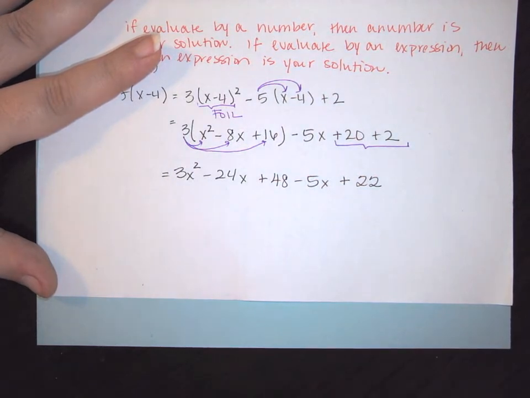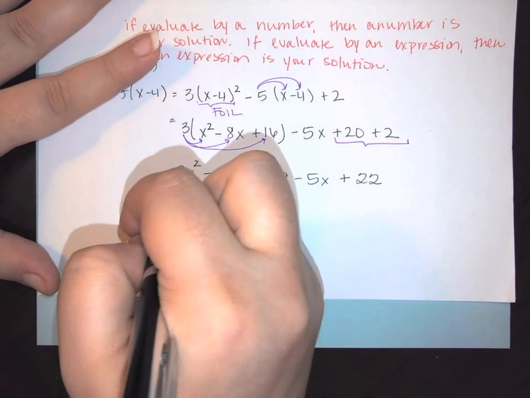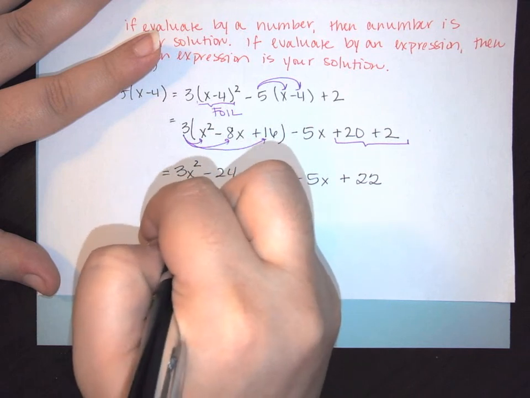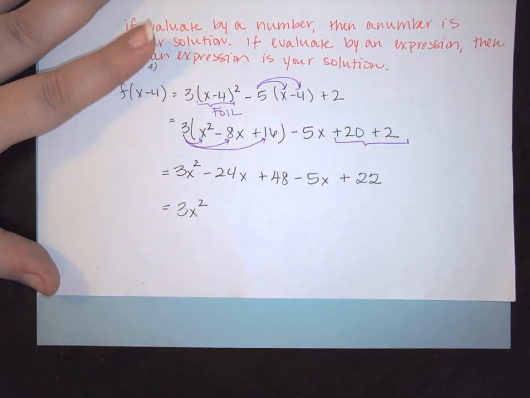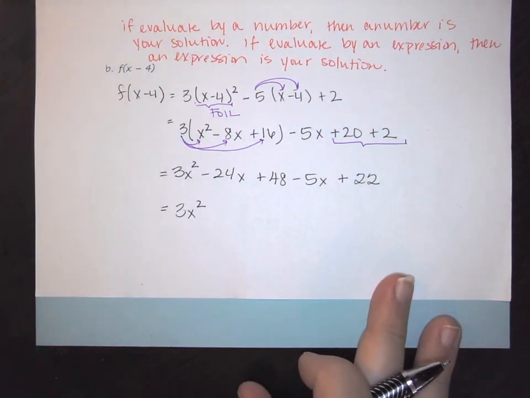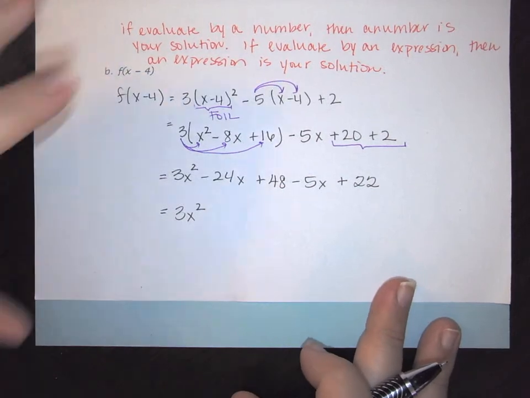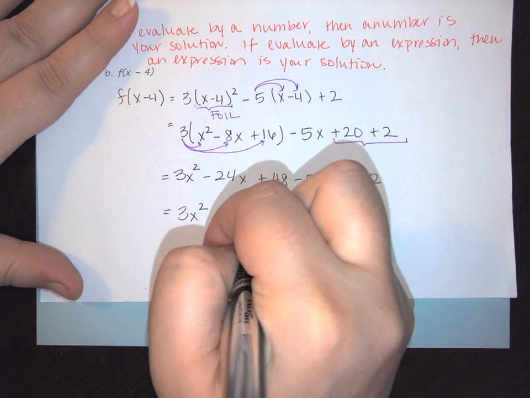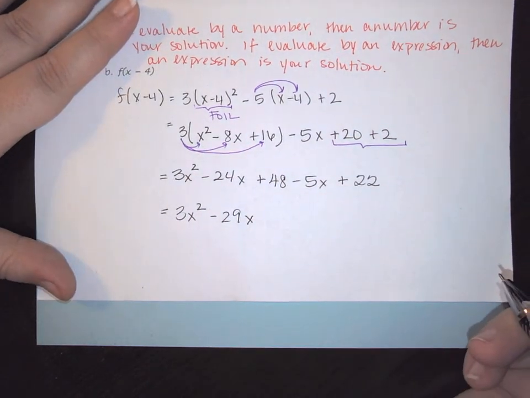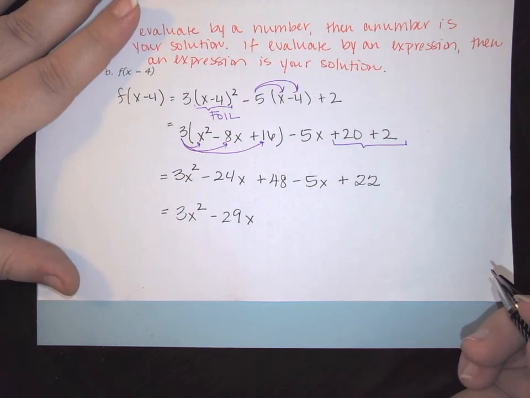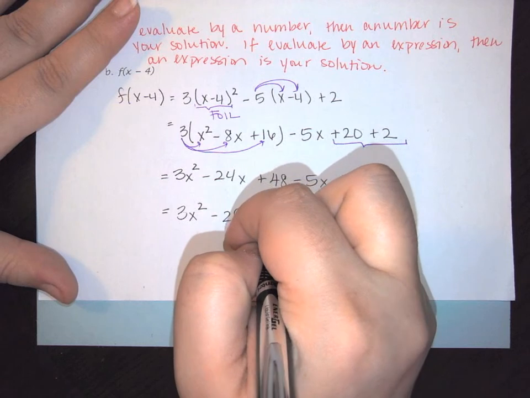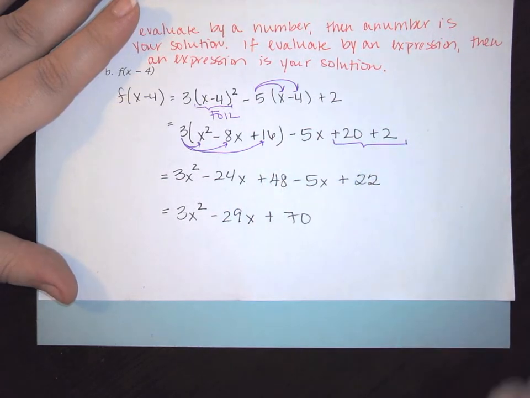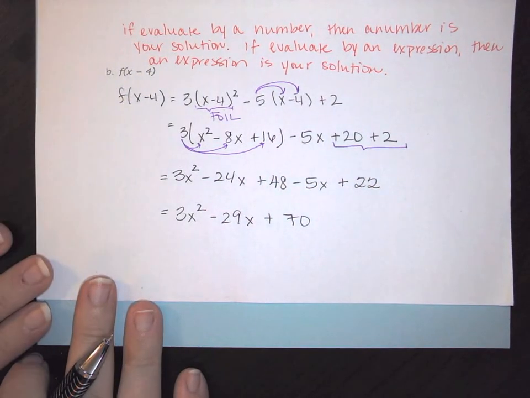And the last thing we need to do is combine like terms. So here this is going to give me 3x squared. I have negative 24x minus 5x is going to give me a negative 29x, and then I have 48 plus 22 is going to give me plus 70 as a result.